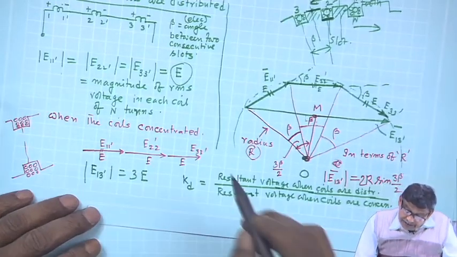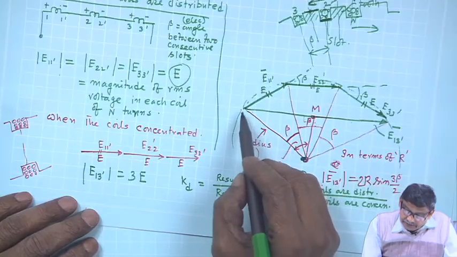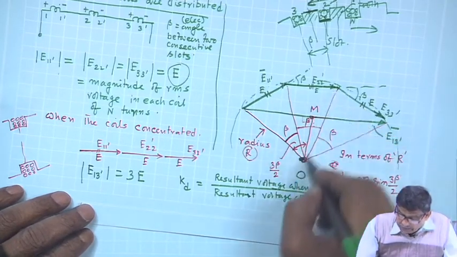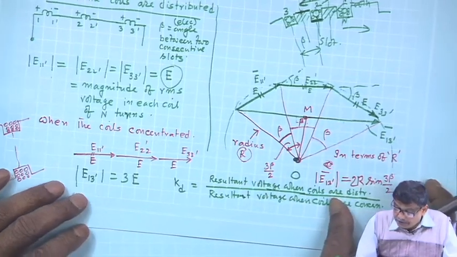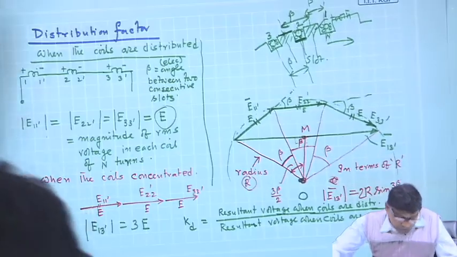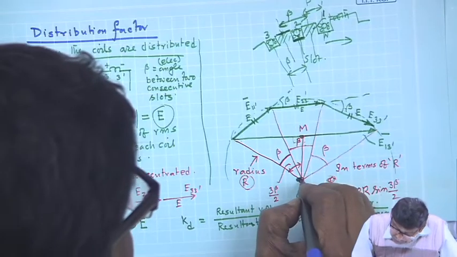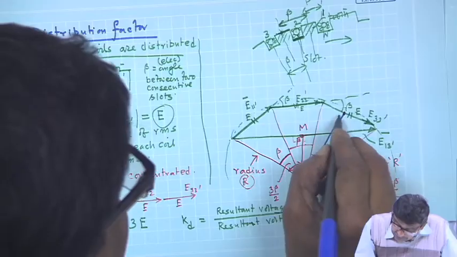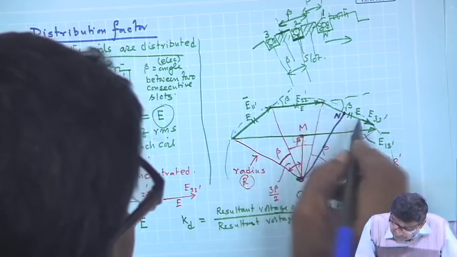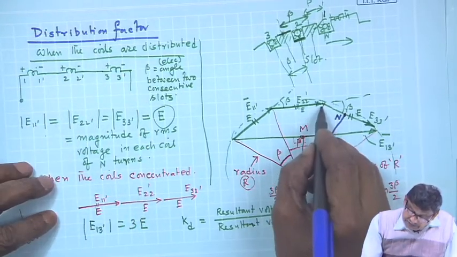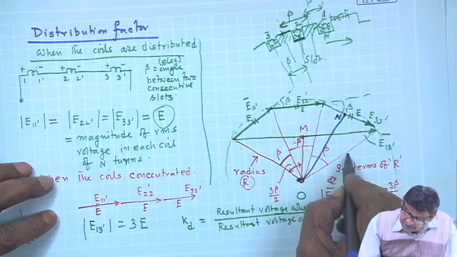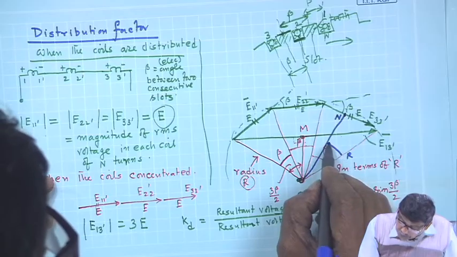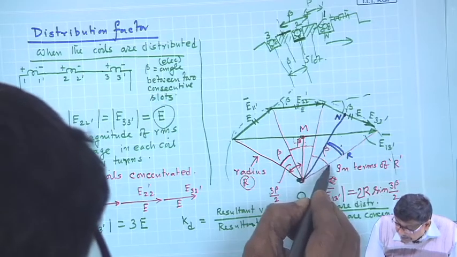Now, this radius can be related with E from any of these small triangles. For example, you drop a perpendicular from this to this, say call it O n. This length is R, this is R, and this angle is beta by 2, because this is beta.